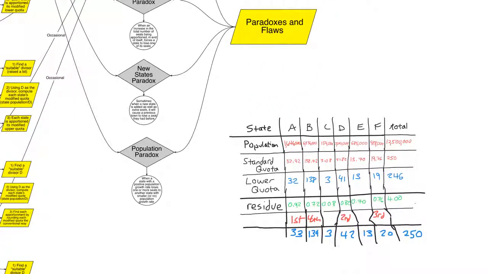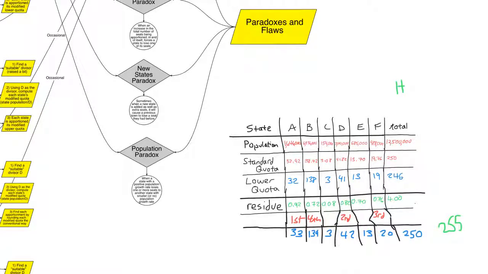So Hamilton's method will also occasionally result in the new states paradox. According to the new states paradox, sometimes when a new state is added, as well as extra seats, it will cause a previous state to lose a seat it had before. So let's say we have states A, B, C, D, E, and F. Imagine we add another state called H, and not only that, but we also bump up the seats to, let's say, 255.